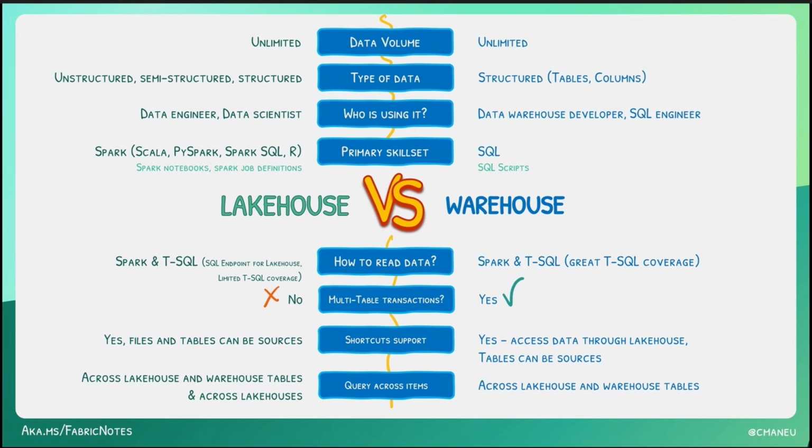But all the T-SQL transformations that they're using are being done in a warehouse. And that gold layer is being exposed as a SQL warehouse. And then they have semantic model reports off that warehouse. So that's fairly common. It's definitely not a one or the other type of situation.